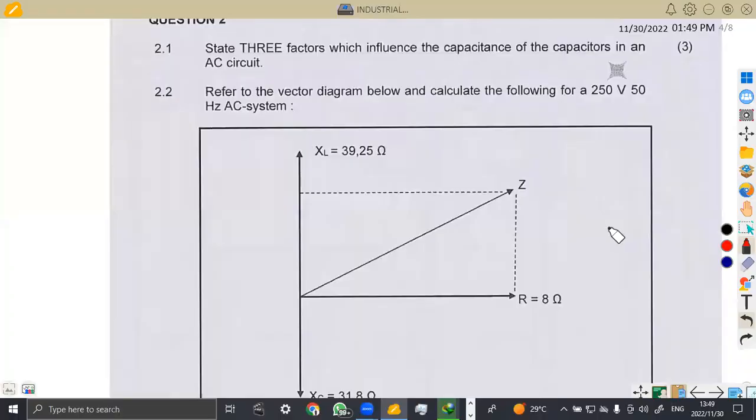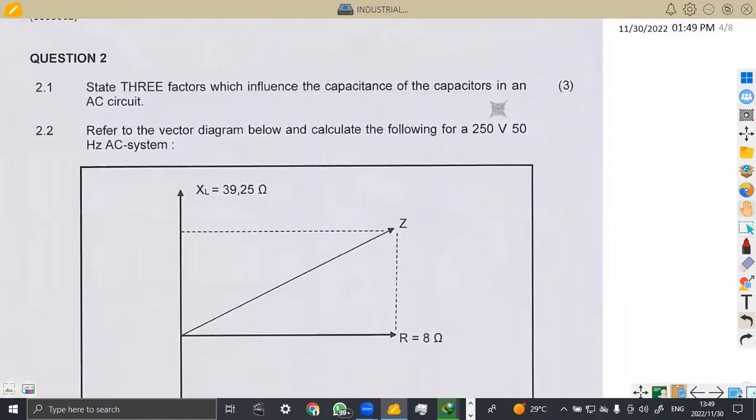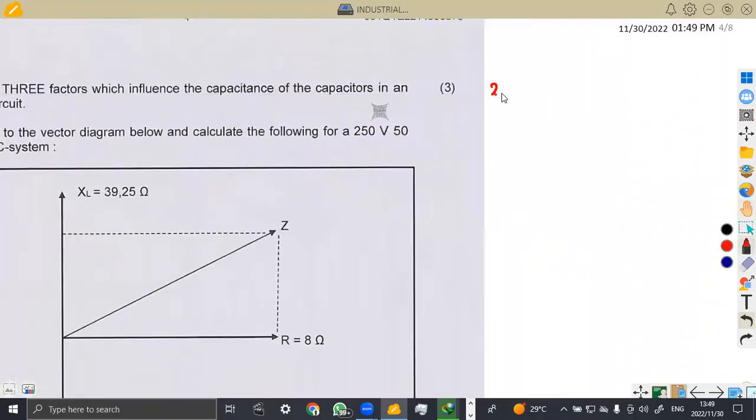The easiest way that you can use to have the factors here is from the formula. I just want you to see this formula here. This is 2.1. We need the factors that influence. We know that capacitance can be given by this formula, that is epsilon A over D. So these are the factors actually that you are given here.